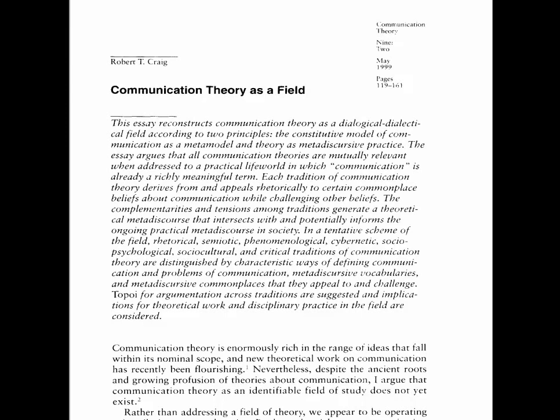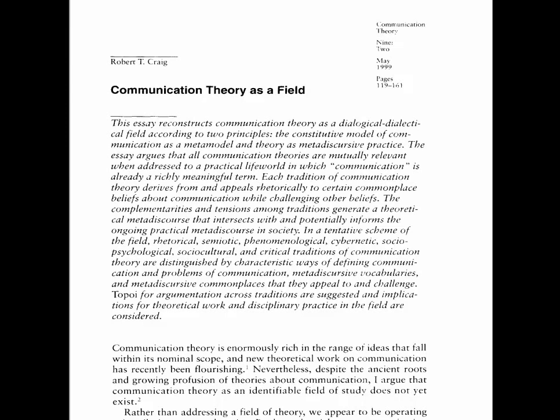Theory as a metadiscursive practice would be discourse about discourse, or the study of discourse in general rather than a particular discursive practice. When you hear the term or read the term meso, it means middle ground. It's kind of a middle ground theory, maybe a general theory, and micro would be a very specific theory that's limited to maybe a specific phenomenon.